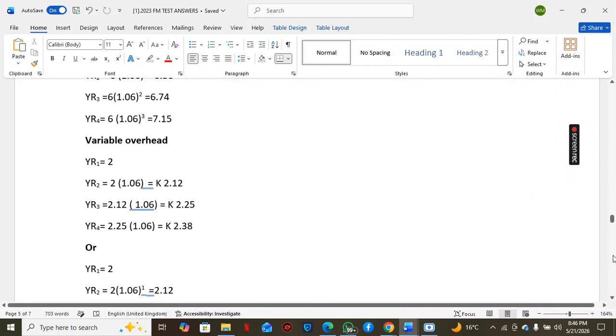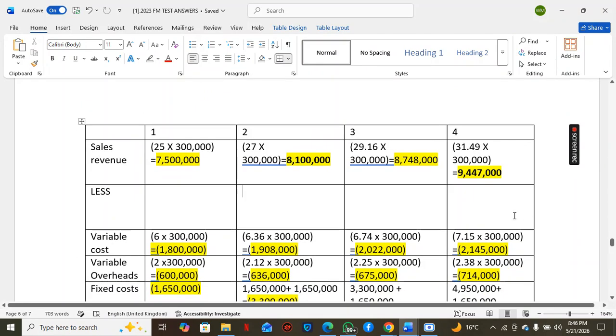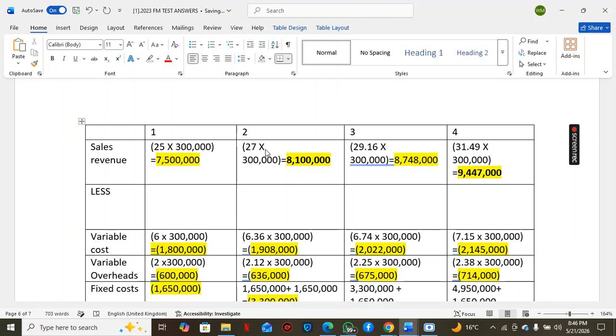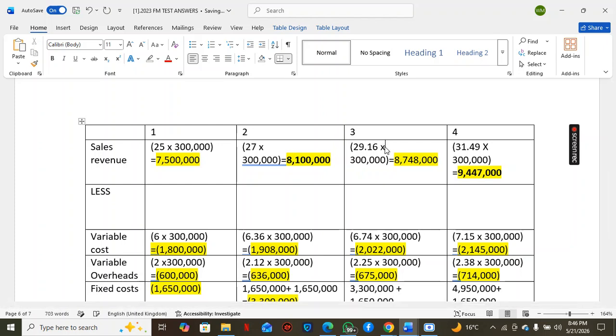If you see that the number of units sold and the number of units produced are different, for sales revenue, focus on the units sold. Then for the costs, focus on the units produced.